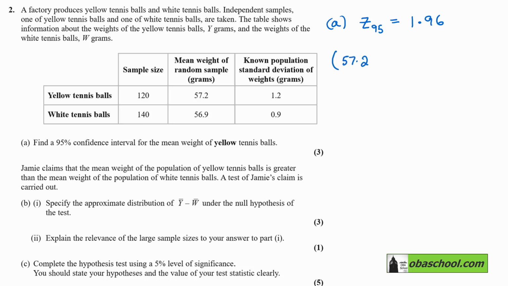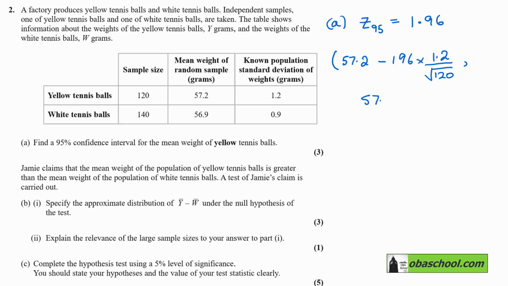Then the confidence interval is, we can see the mean for the yellow balls is 57.2. Take away that Z value multiplied by the standard deviation for the sample, which will be 1.2, which is the population standard deviation, divided by the square root of n. And we can see the sample size here is 120.